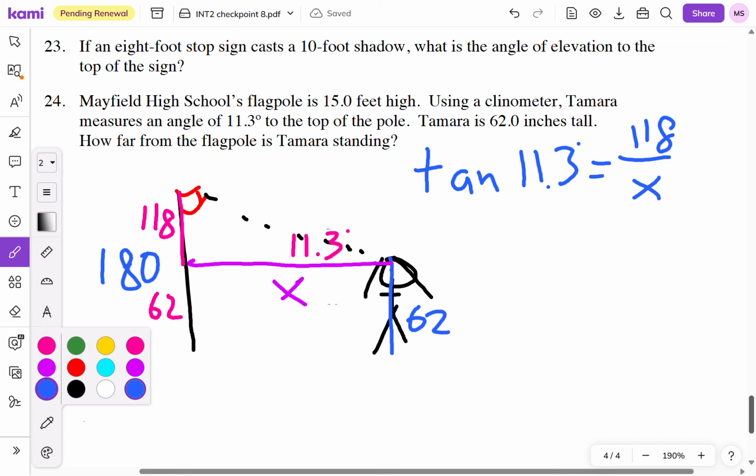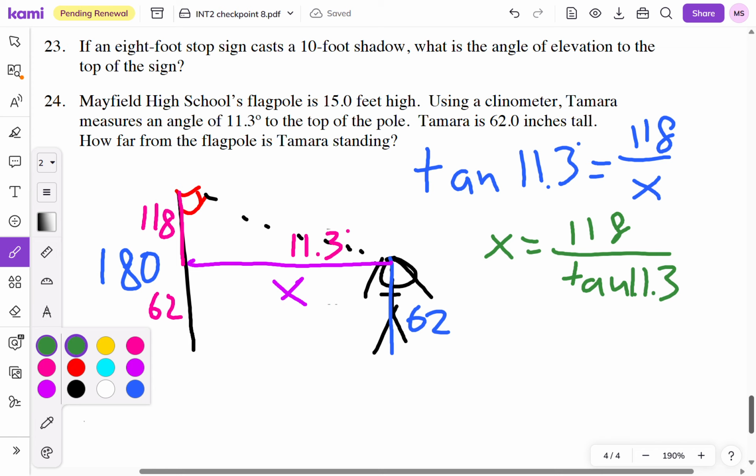If we rearrange this, we multiply both sides by x, we divide both sides by the tangent of 11.3. No inverse necessary because we're not finding an angle. So x equals 118 over tangent of 11.3.